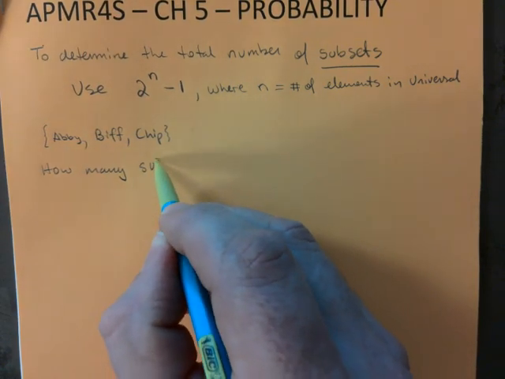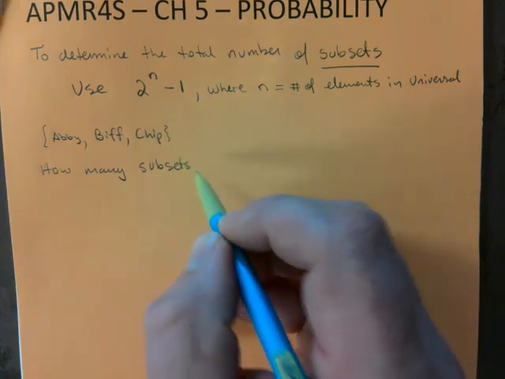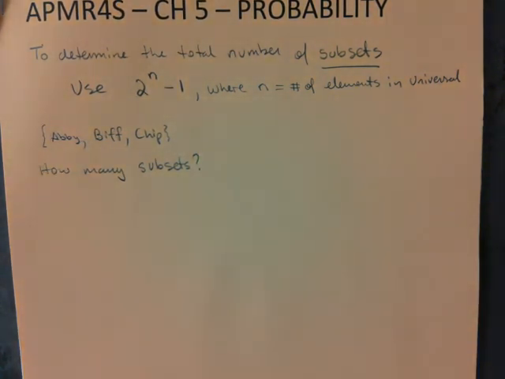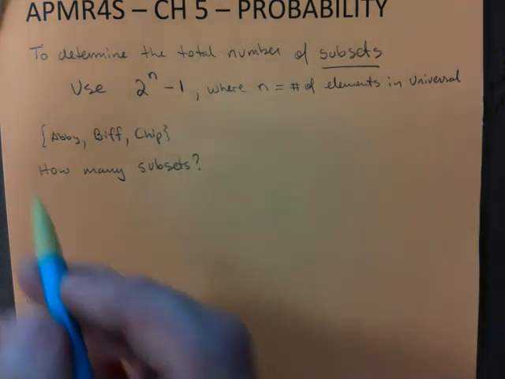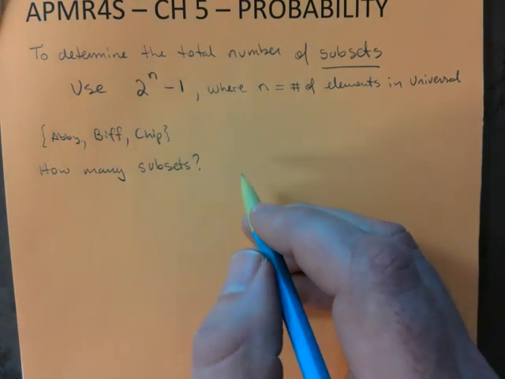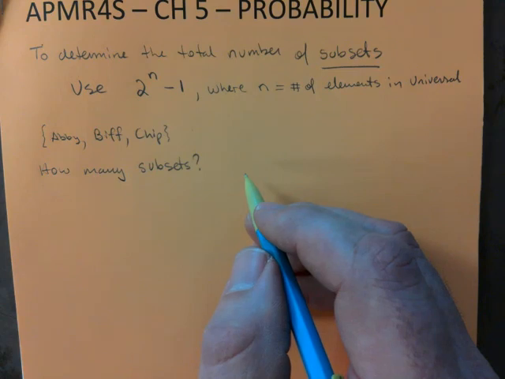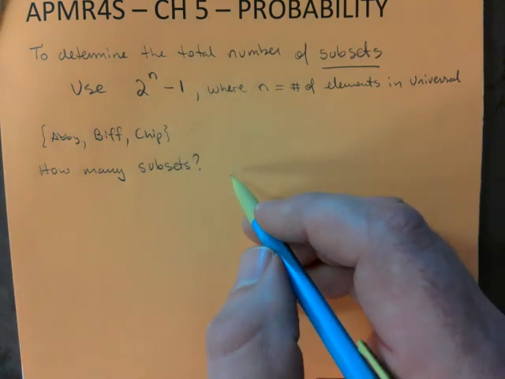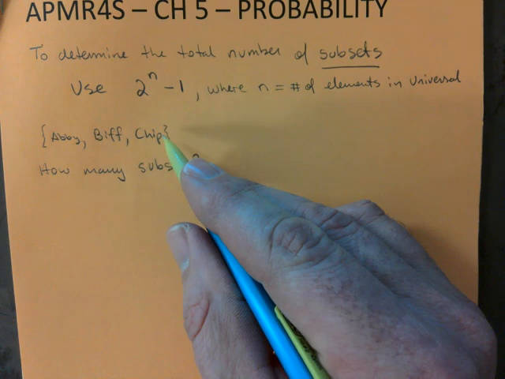How many subsets can you make with this set that I just gave you? And you can try it. Trial and error works quite well on this one because it's a very small universal, right?